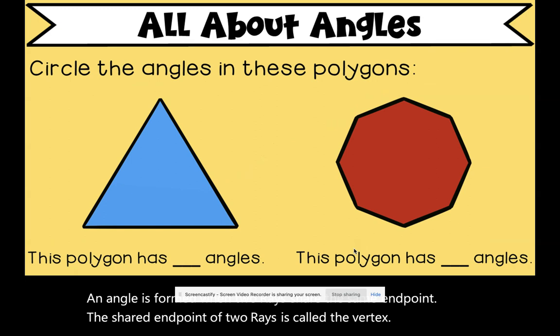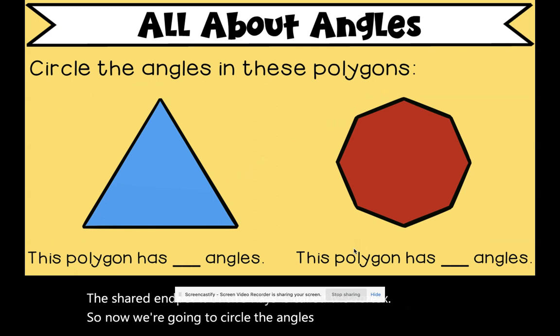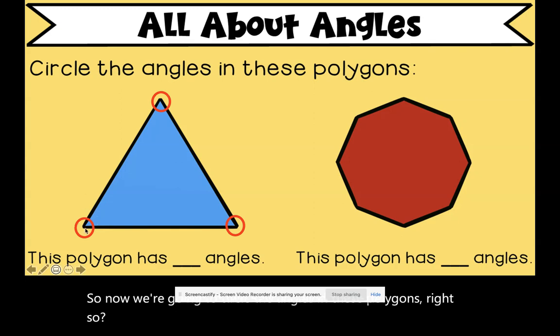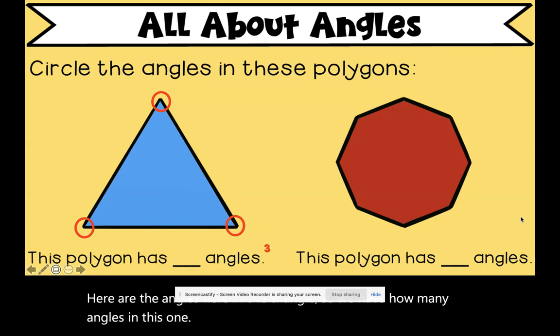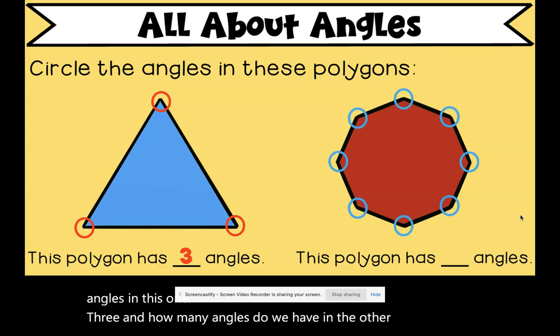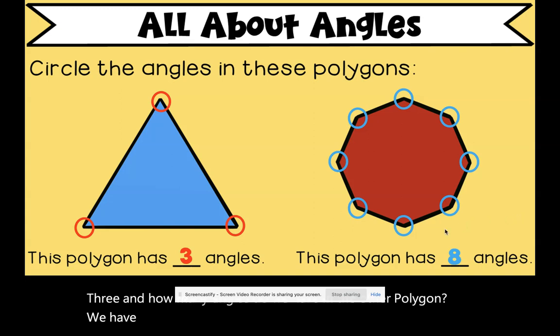So now we're going to circle the angles in these polygons, all right? So here are the angles in this triangle. How many angles do we have in this one? 3. And how many angles do we have in the other polygon? We have 8, okay?